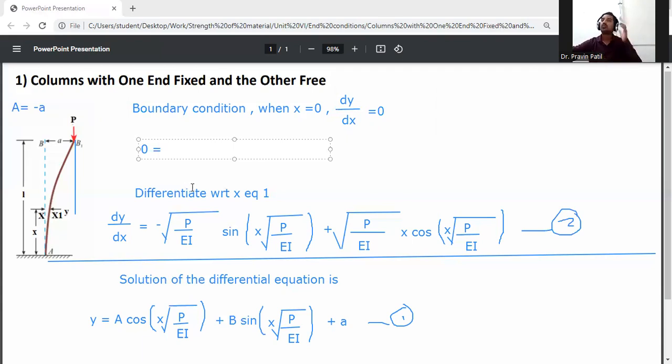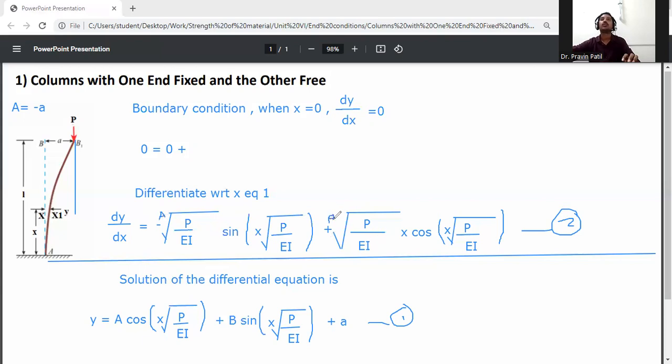So sin 0 will be 0, plus cos 0 will be 1. So this one constant is remaining. Here it is a, and here it is b.